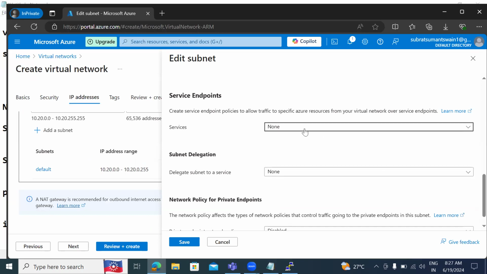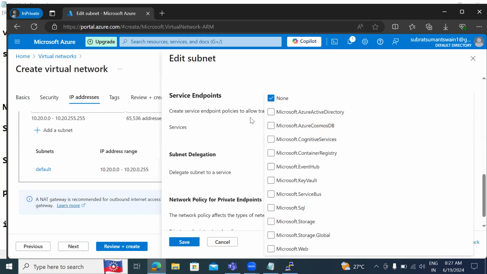Then what we need to do is give the service endpoint. So now my subnet wants to communicate with Azure Active Directory or Cosmos DB. That means for whichever service it needs to communicate with, we need to give the endpoint.